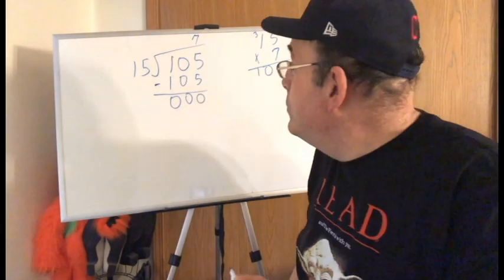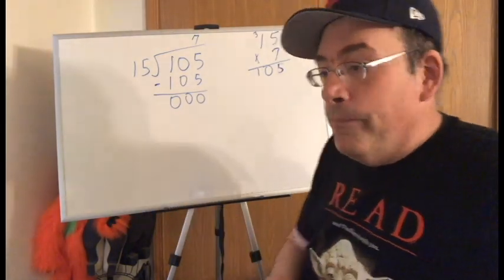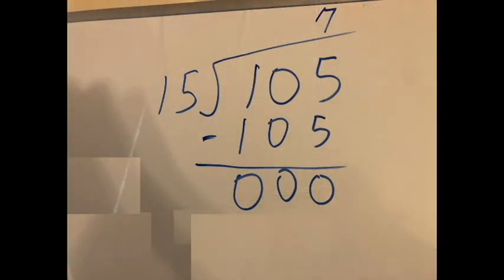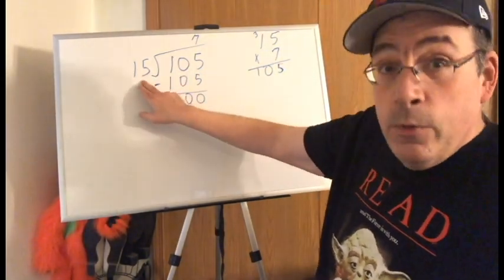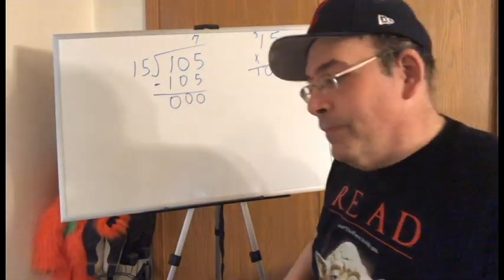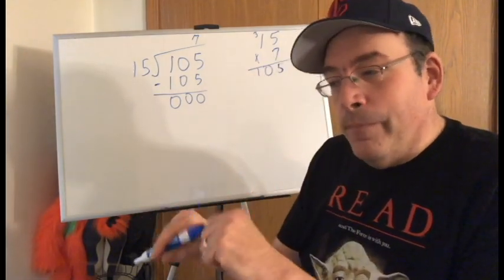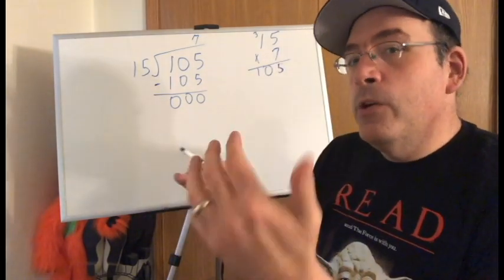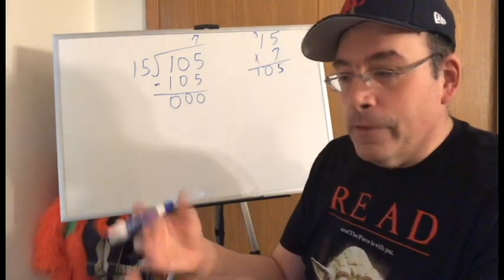No remainder. So there are 7 players on each team. 105 students divided equally into 15 teams. Now, for the second question, if each team had 3 girls, how many boys are there altogether?